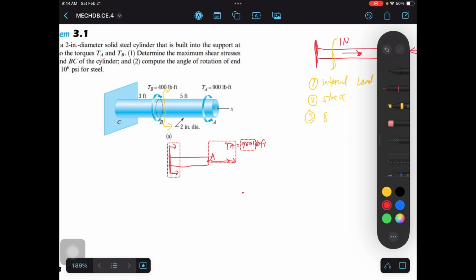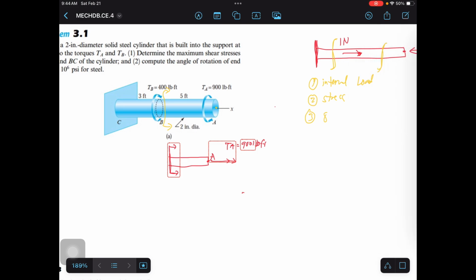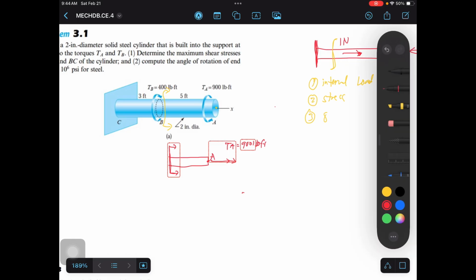So, meron pa bang applied load sa segment na to? Wala na, no? So, now we can use equilibrium equations to get ang internal reaction or internal load dito sa section na to. Ito yung section, so ito yung internal load niyan.